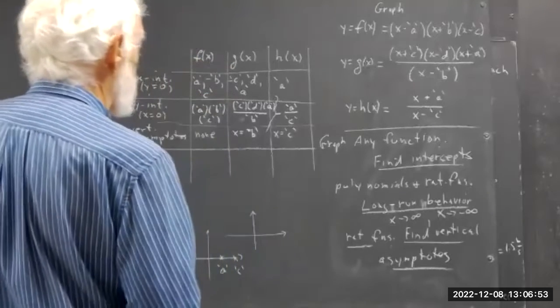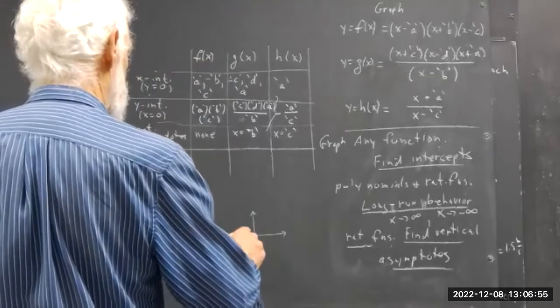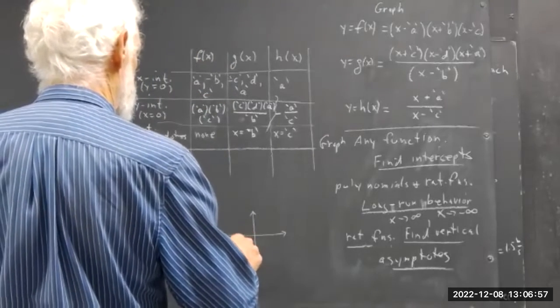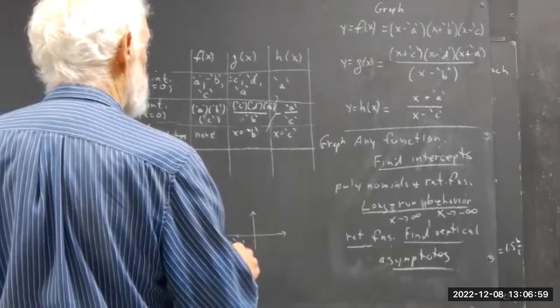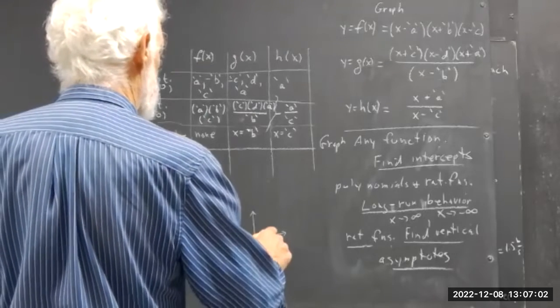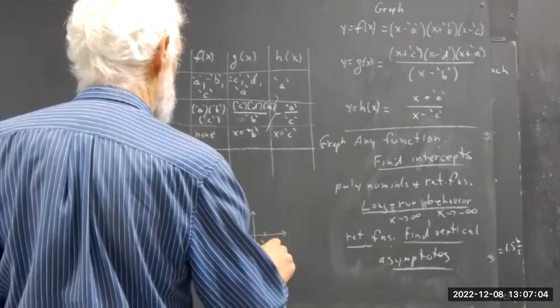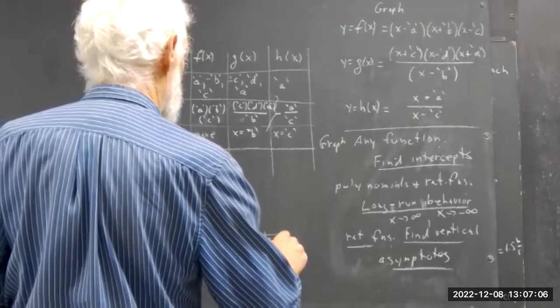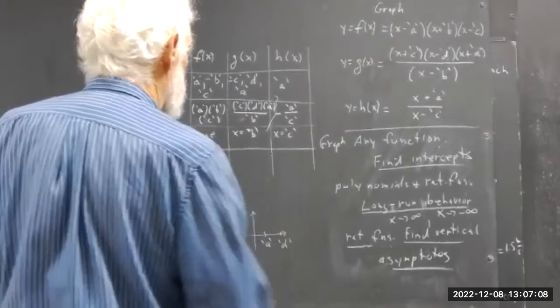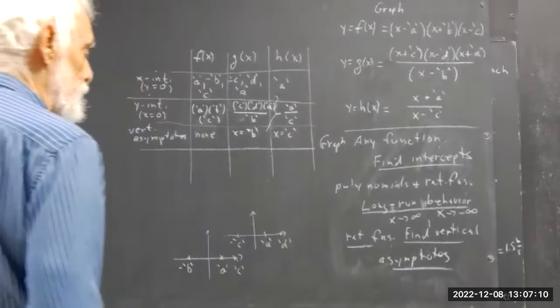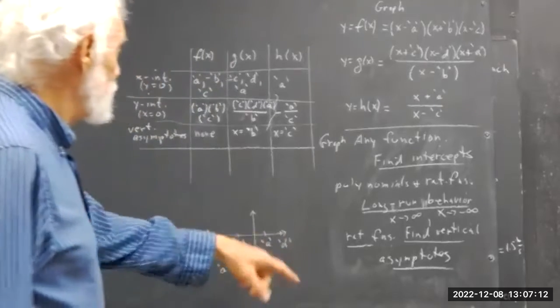Let me sketch another graph that depicts this situation. We've got negative C, and then we've got A, and we've got D. Those are our zeros.